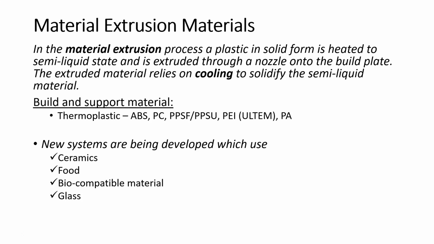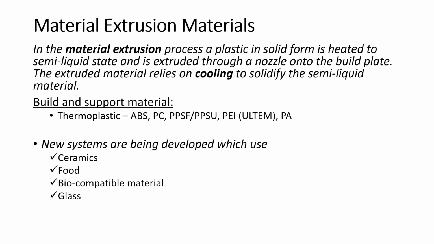Okay. So the build and support material, and this is not an exhaustive list. These are just some of the big ones, but thermoplastics, that's the build and support material. A thermoplastic, as we'll talk about, is a plastic that can be melted and reformed over and over again with minimal degradation, as opposed to a thermoset where if you melt the thermoset, it will basically burn and it can't be reformed again.